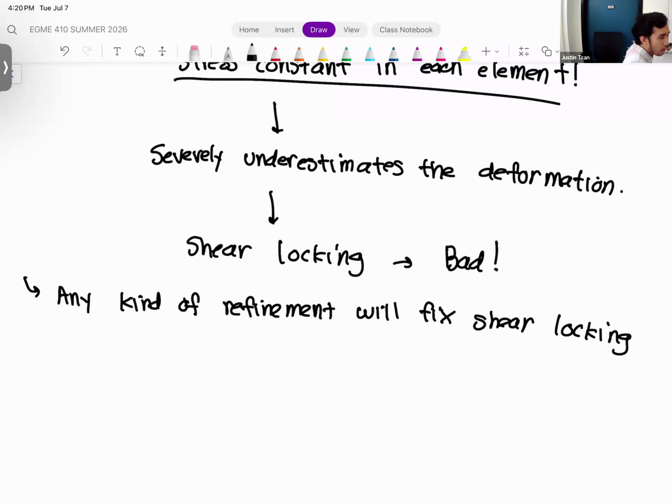You really have to have a very coarse mesh in order to observe shear locking, and if your mesh is fine enough, even moderately fine, you're not going to observe it. So it is hard to recreate, especially for the simple cases we're looking at. But I think it is a very interesting application of what we've been discussing in terms of element size, element order, and how that affects your results.